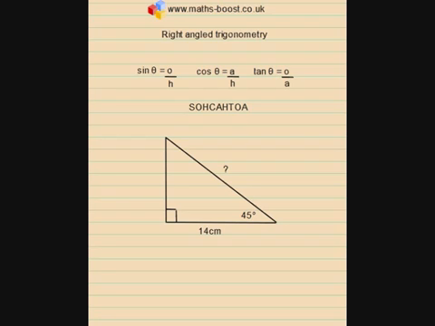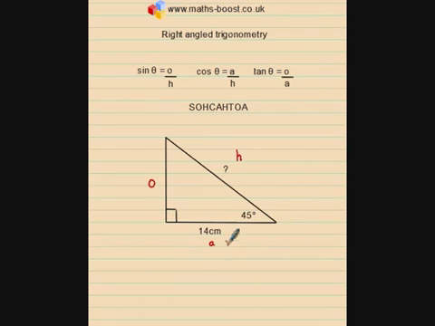The second step is then to label the triangle. I'll label hypotenuse first, that's opposite the right angle, and then the angle that I'm interested in is 45 degrees. Consequently, this side opposite this angle that I'm interested in will label O for opposite, and I'm left with adjacent for the last side.